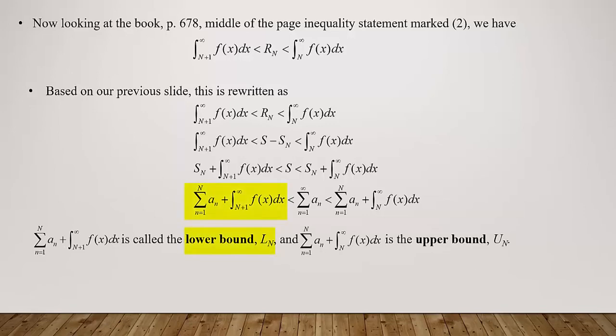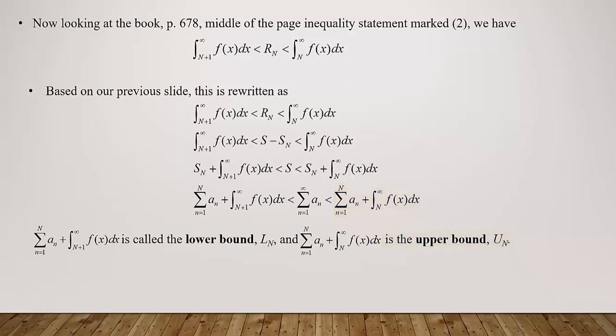The sum from n equals 1 to n of a sub n, that's the nth partial sum, plus the integral from n plus 1 to infinity of f of x dx, that's called the lower bound, L sub n. And the nth partial sum plus the integral from n to infinity of f of x dx, that's called the upper bound, U sub n.